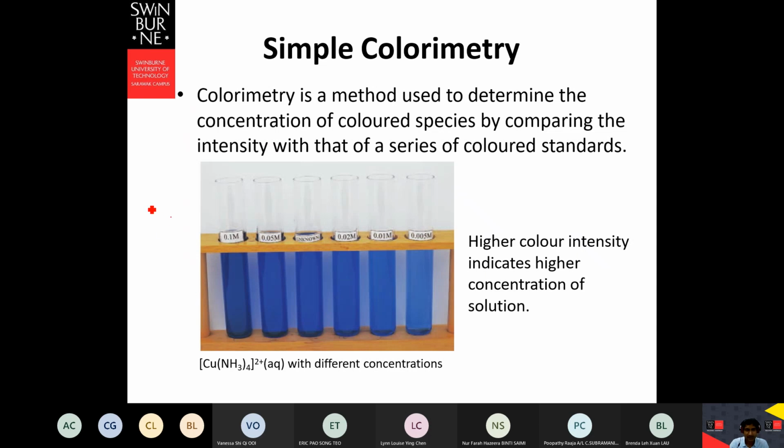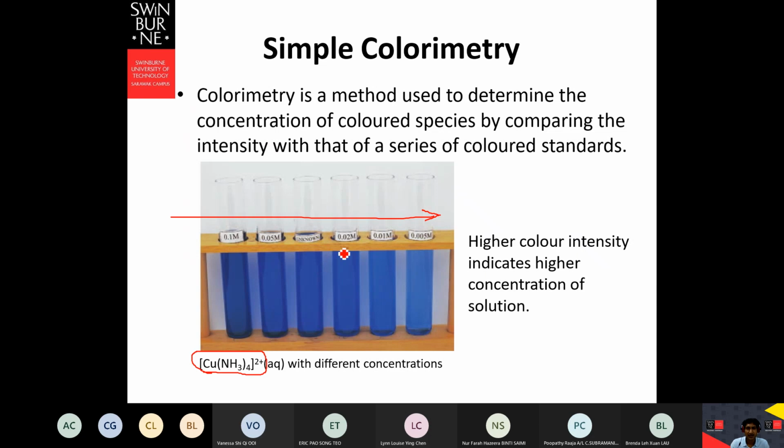When the concentration of the copper ammonium is reducing in this way, we go from a dark color toward a whitish color.